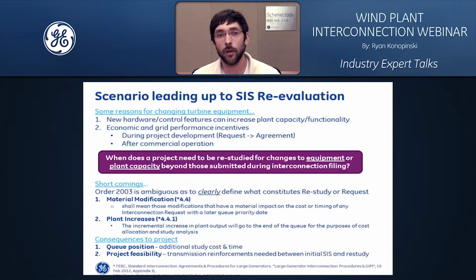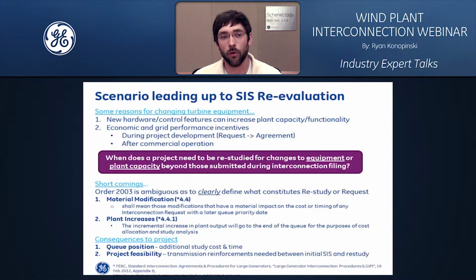And these are upgrades that would have been separate from those initially proposed during the original interconnection request filing. So again, due to economic or possibly grid performance incentives, the developer may want to upgrade the facility. This upgrade could happen either during project development, from the time that you've begun the request until the time that an agreement is signed, or possibly after the facility is in commercial operation.